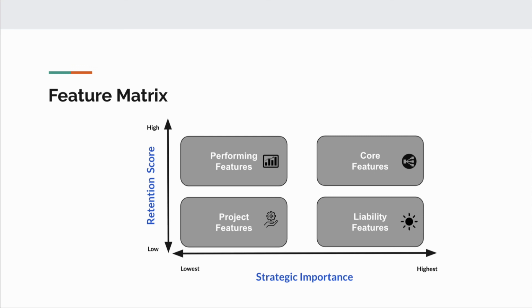The next one we need to work on are the liability features, which are strategically very important but whose retention score is very low. So liability features are another area where we have to put our focus and prioritization when building features for your product. So these were the feature strategy.